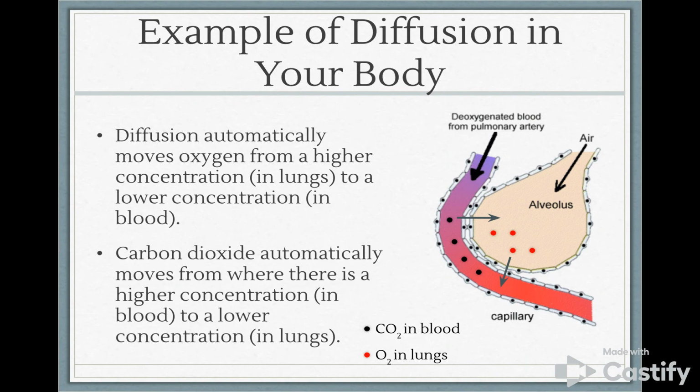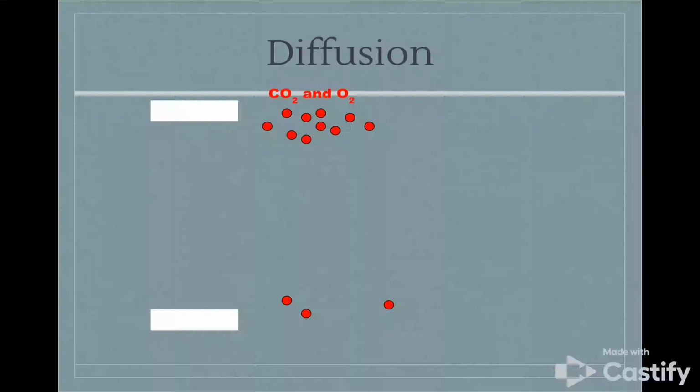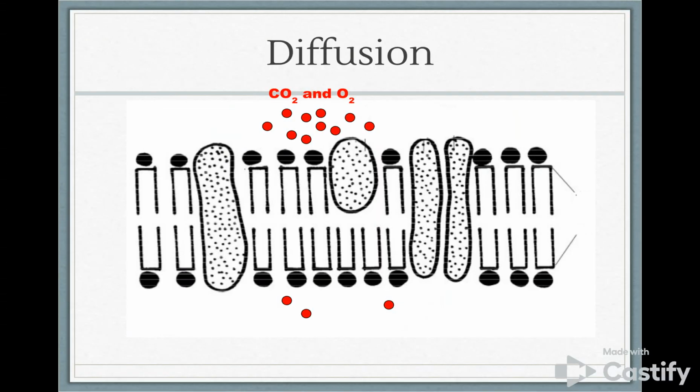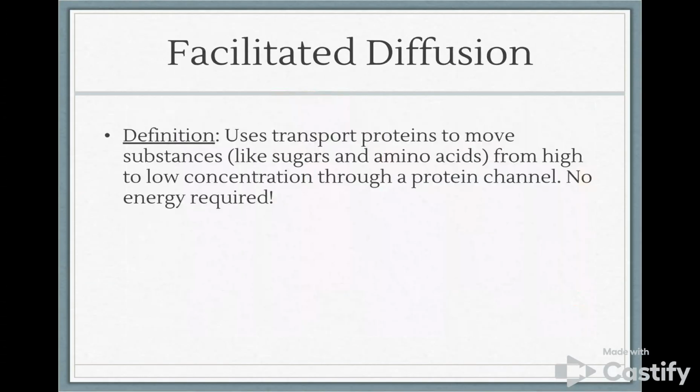And it's through simple diffusion because CO2 and oxygen are really small and they can move freely back and forth across the cell membrane. So again, let's say that we have a mix of CO2 and oxygen up here. There's more at the top than there is at the bottom, so it will move right through those pores from high concentration to low concentration until it's equally balanced on both sides of the cell.